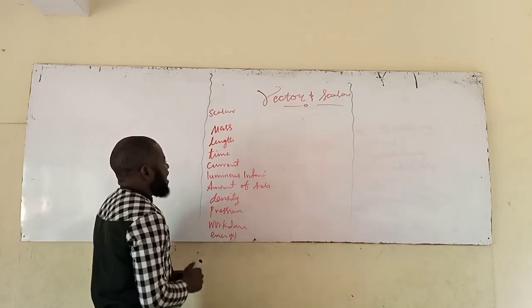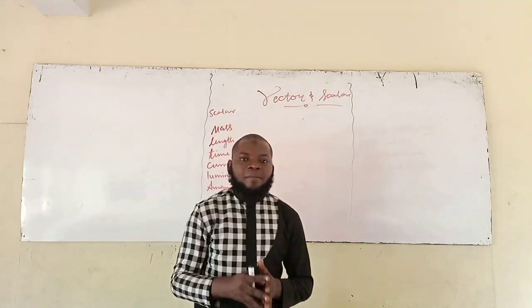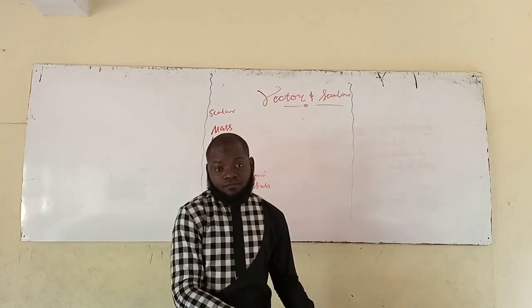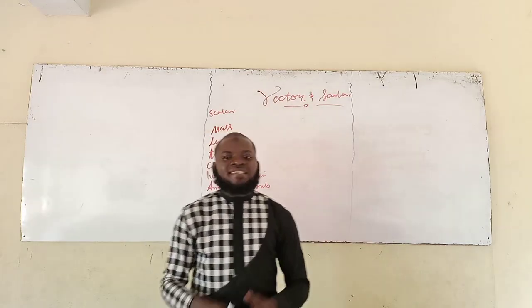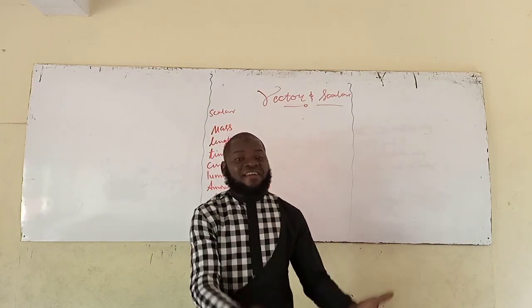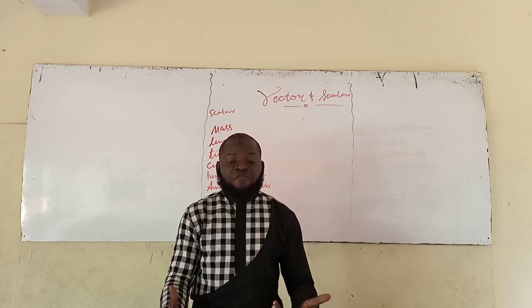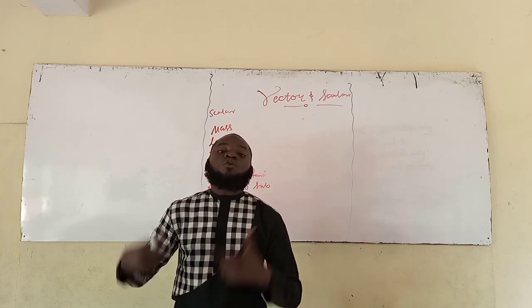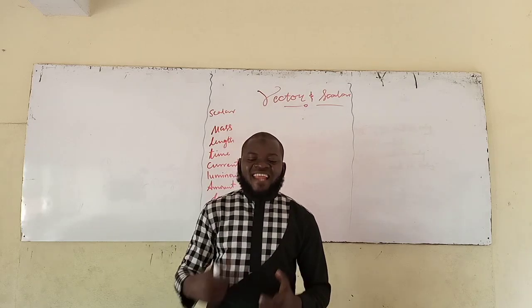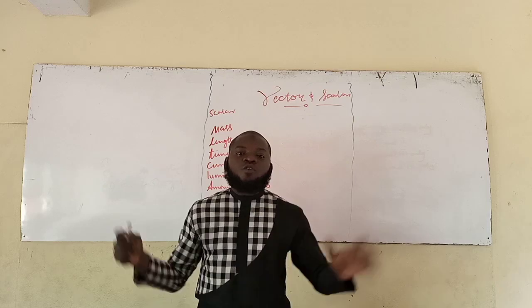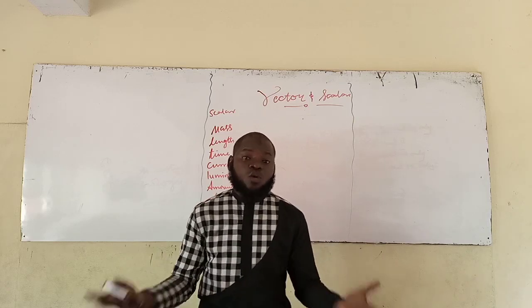So take note of that, because JAMB likes to combine kinetic energy and potential energy in an option. So don't think that because kinetic energy has to do with motion, it's going to have a direction. No. By definition, kinetic energy is an example of mechanical energy. The energy that you use to do work in motion is kinetic energy. So it doesn't change from the ability of doing work.